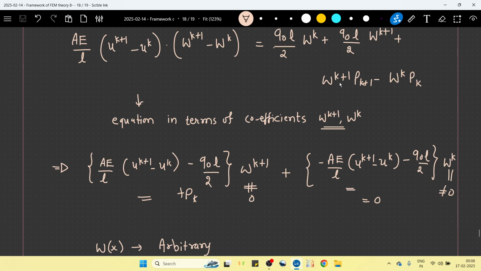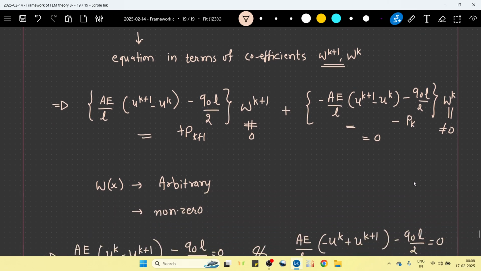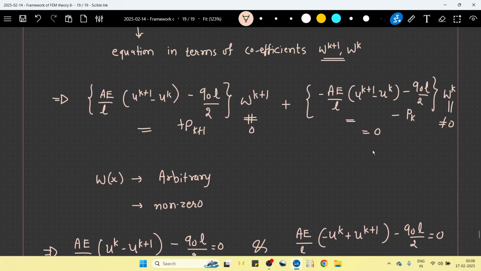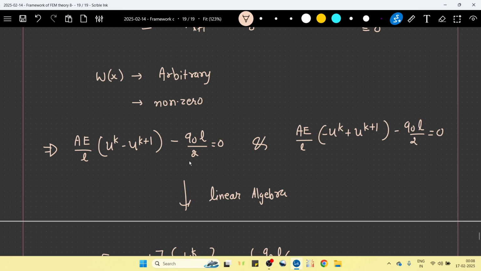So this is for WK plus 1, so this becomes PK plus 1, and here it is minus P of K. So I'll put it here also: minus P of K here, plus P of K plus 1.